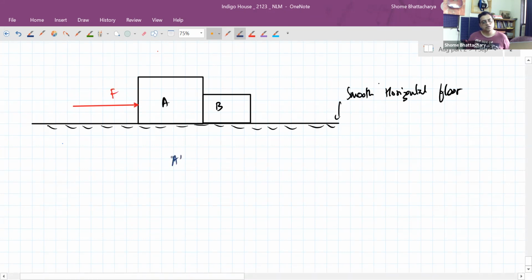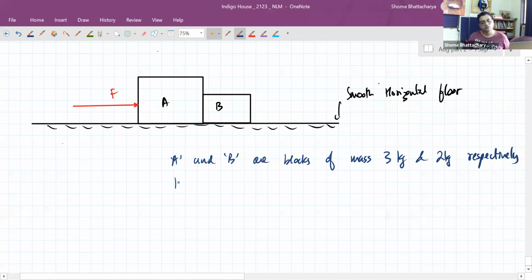So A and B are blocks of mass 3 kg and 2 kg respectively, kept in contact on a smooth floor.